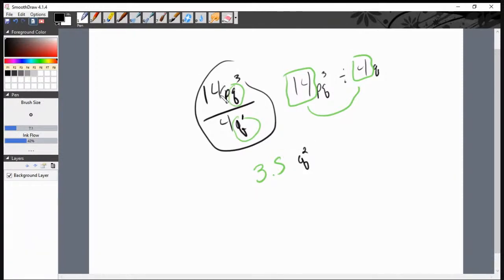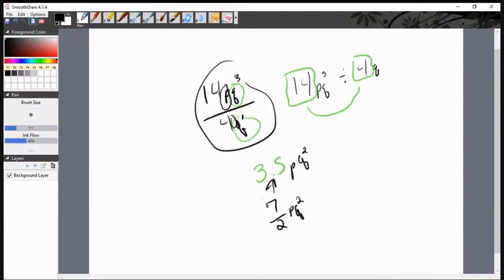We also have a p that doesn't have any other like variable here, so we just carry that over. So it's 3.5 p times q to the power of 2, or as they would want you to write it, 7 over 2 times p times q to the power of 2, which is the same thing as this. It's just writing it in a form of a fraction.